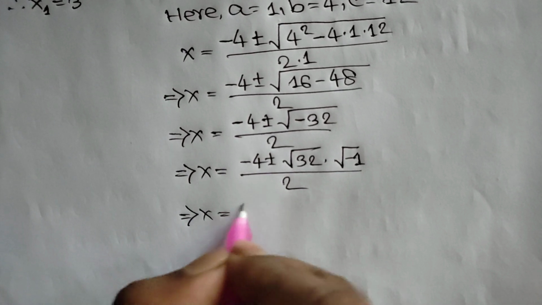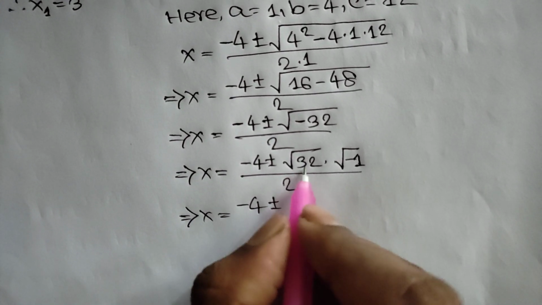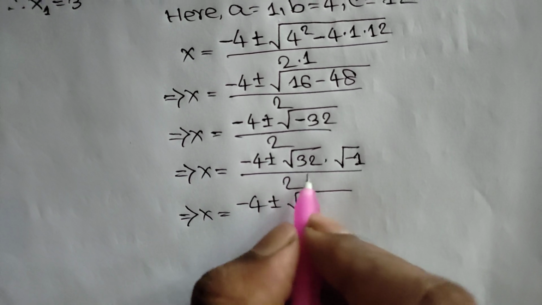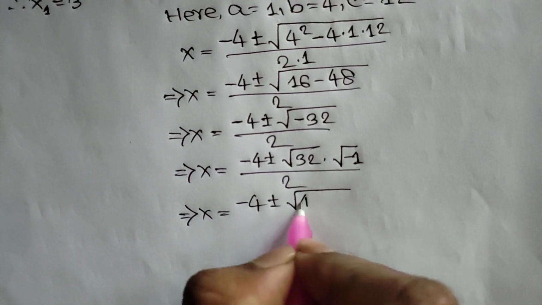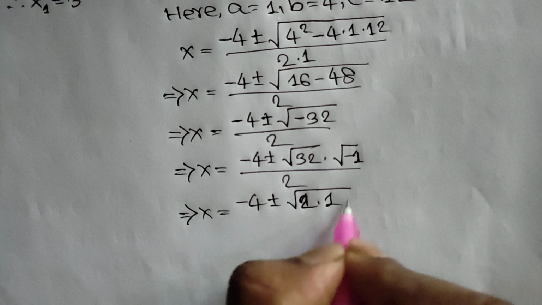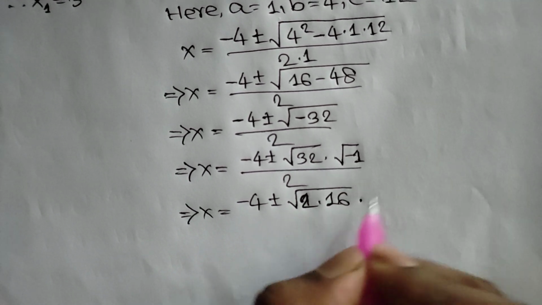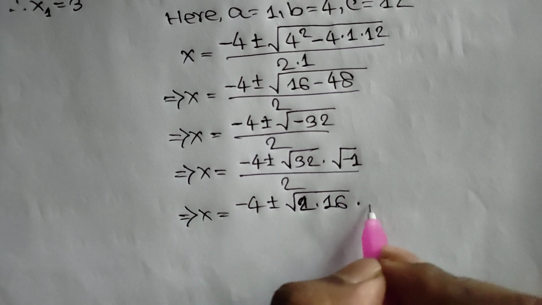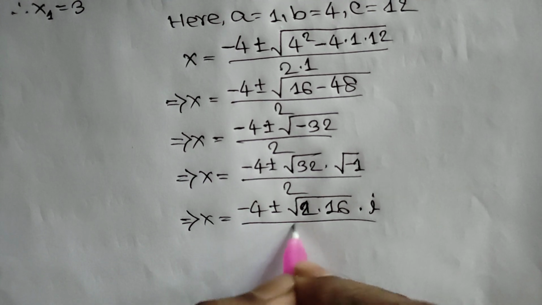Square root of 32 can be written as square root of 2 times 16, times square root of minus 1, which is i, over 2.